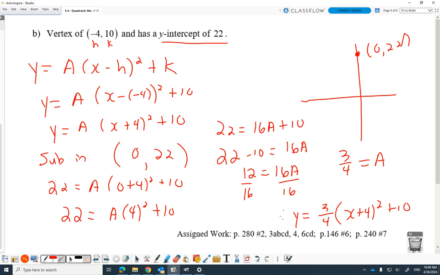I took this 0 of x, and I subbed it in my head there, and I went 0 plus 4. You can do it on your calculator. 0 plus 4 is 4. Squared is 16. Times 3/4 is 48 over 4, which is 12. You can use your calculator. But I've seen these fractions before. Plus 10 is 22.